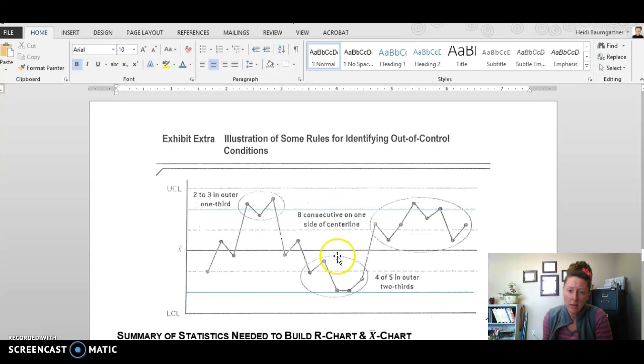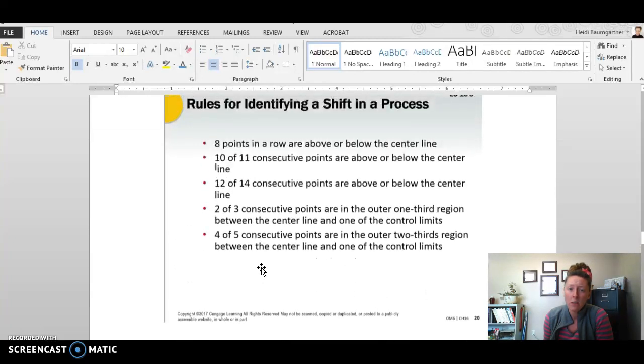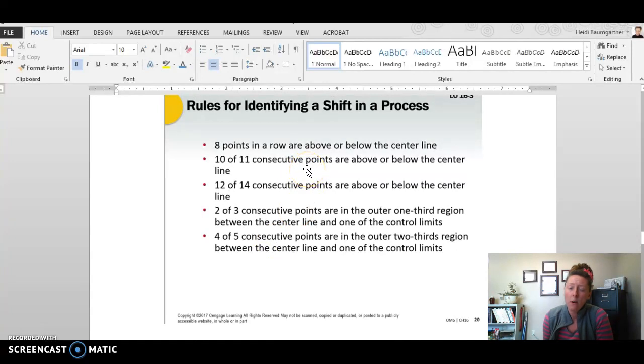We're using an example here. Our center line, our upper control limit, and the lower control limit are the darker lines there. When 8 points in a row are below or above, you're going to find that something is out of control.